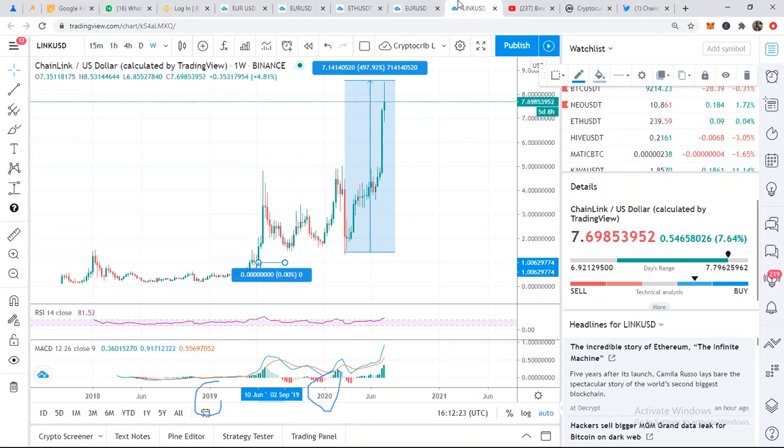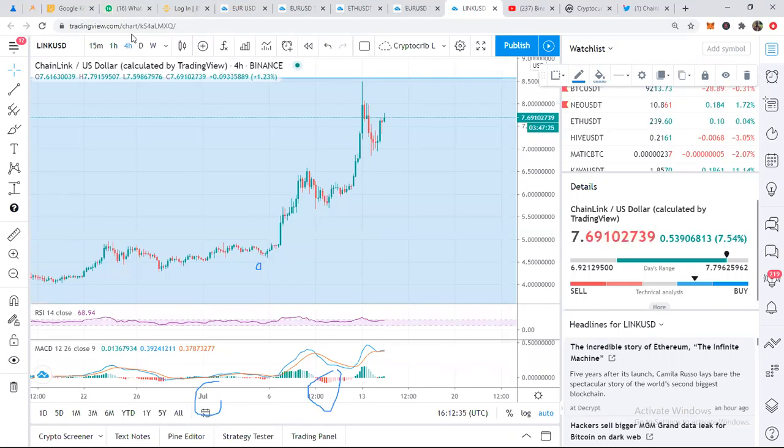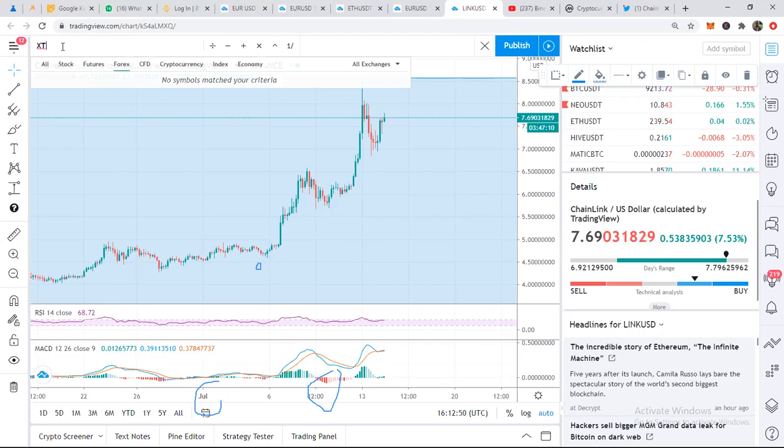Analyze with what though? Which time frame? Use the 4-hour time frame. Okay, analyze XTZ USDT, and I'm going to send it to the group.